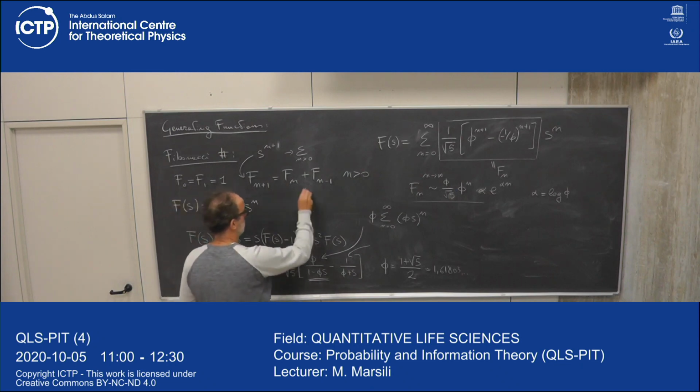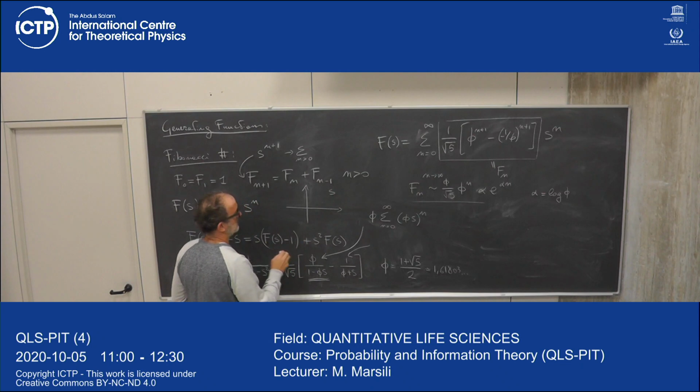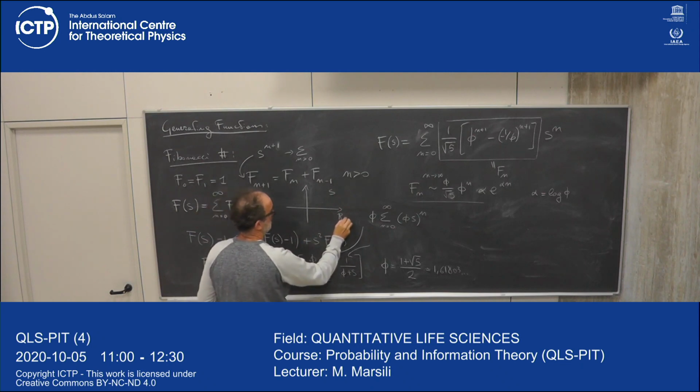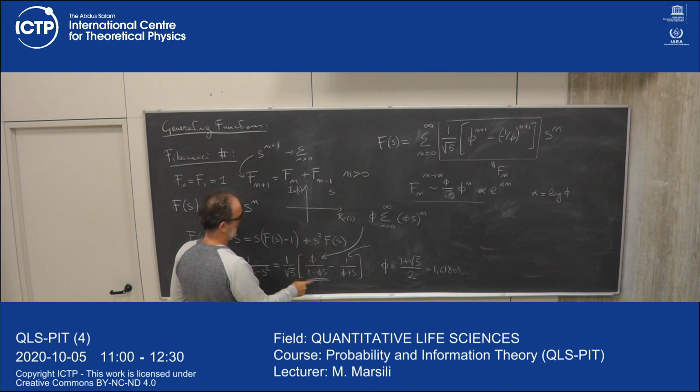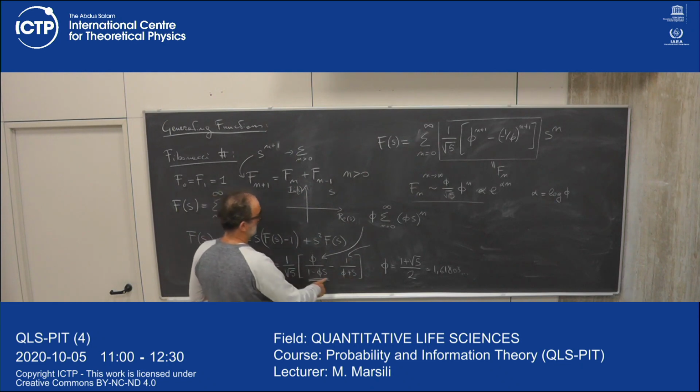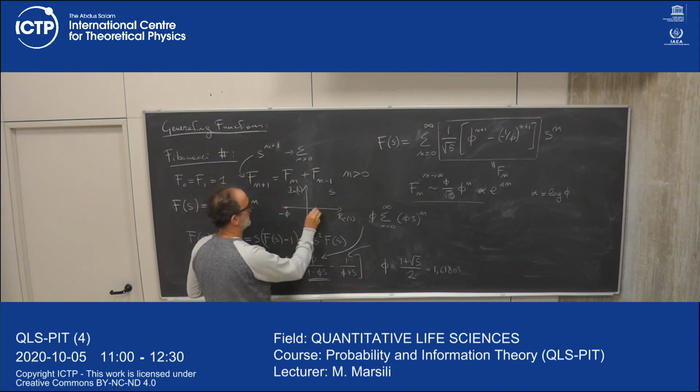So if this is the complex plane of s, this is the real part of s, and this is the imaginary part of s, then here there are two simple poles in this function. One is at minus phi, and the other one is at 1 over phi.